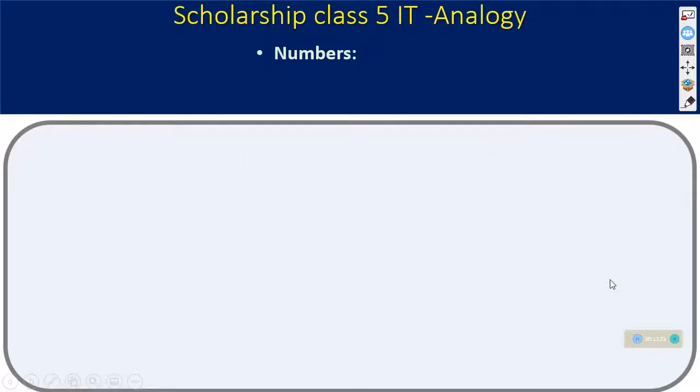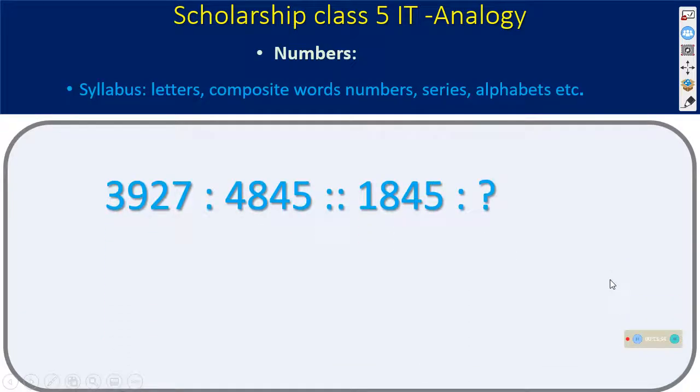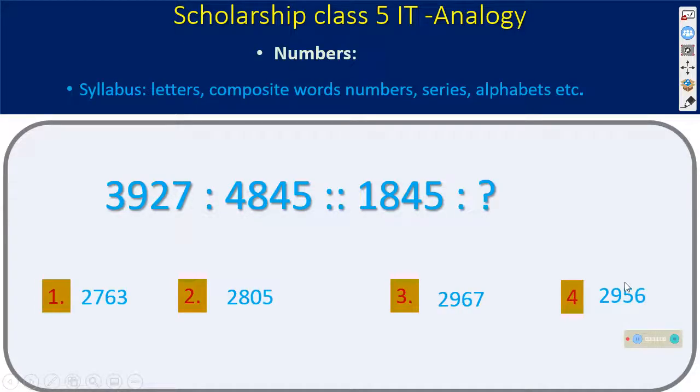Here comes the next question. What is the question? 3927 4845, and what is next? These are the options. Relatively same: 3900, 4800, 1800, 2000 something is the answer.